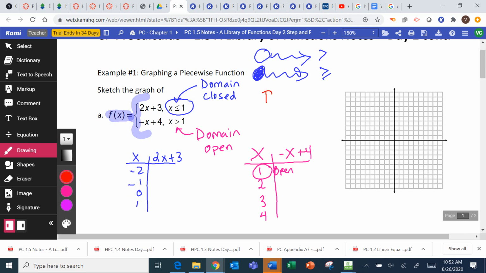So the border is x equals 1. So I'm going to go ahead and graph x equals 1, but I'm not making it a solid line because it's not really there. It's just separating my two pieces into halves. So I'm going to have half of one graph, half the other graph. And that's where it splits.